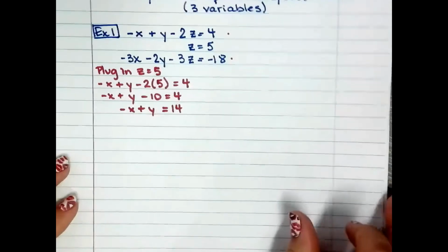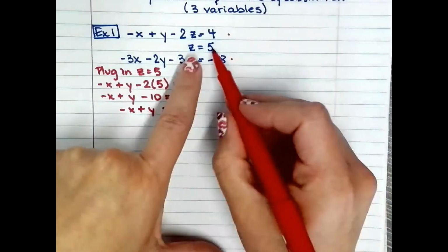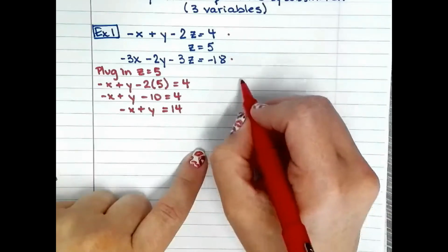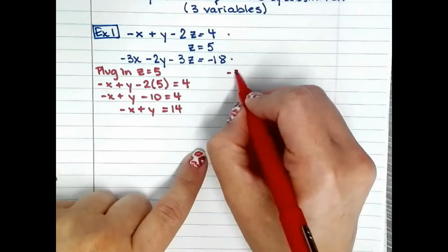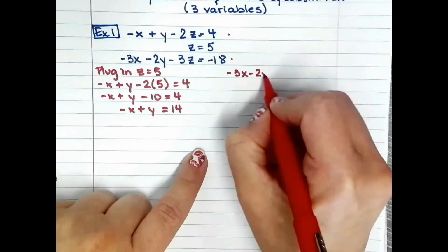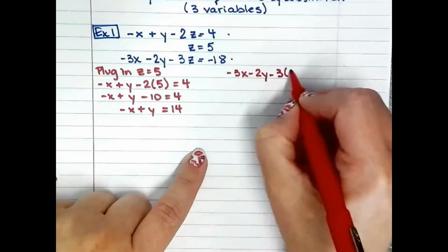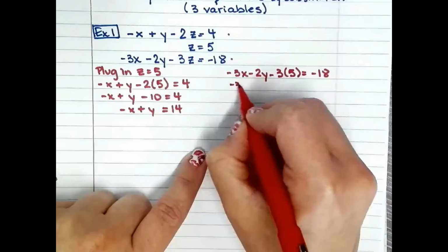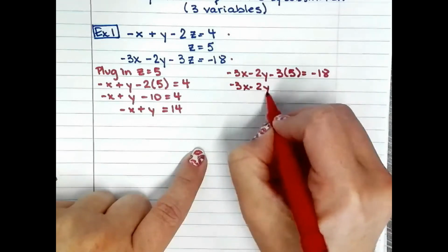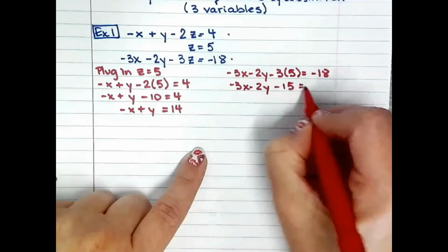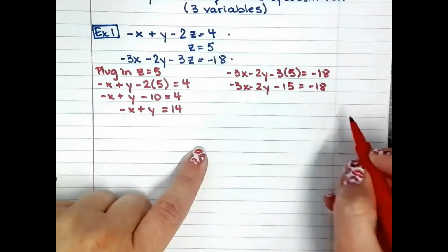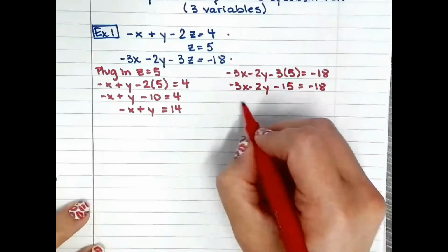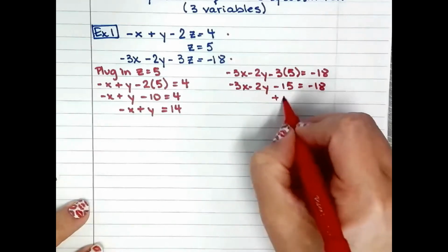And then I'm also plugging in z equals 5 for this equation right here. I'll go ahead and rewrite this in standard form by adding 15 to both sides.